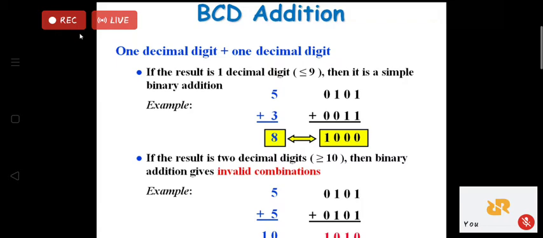So 5 + 5. When I try to add, 1 + 1 is 0 with carry 1, and 1 as it is, because both the other bits are 0.